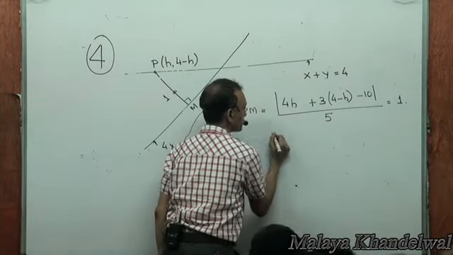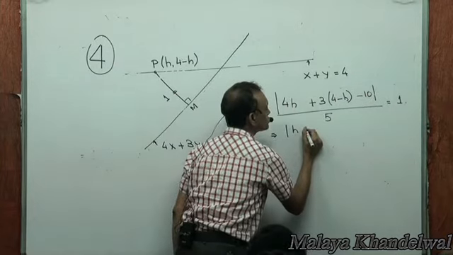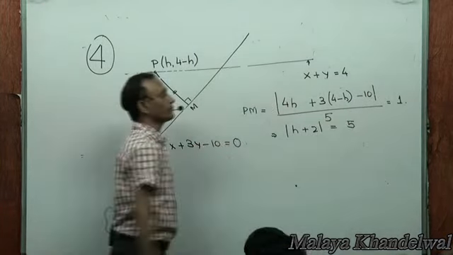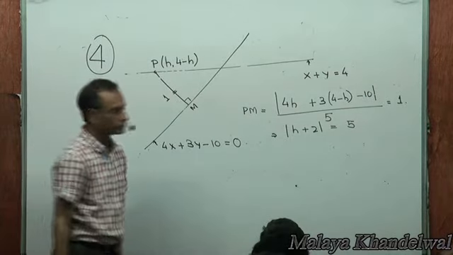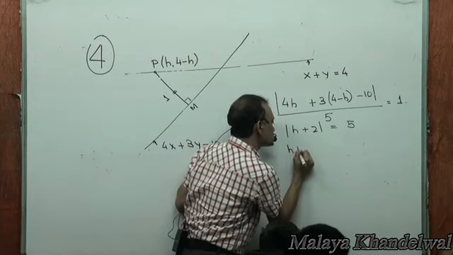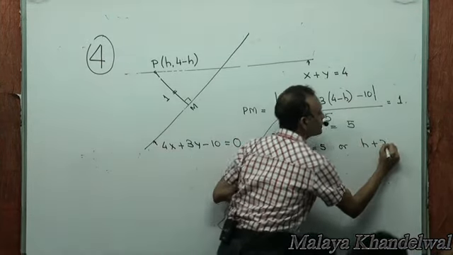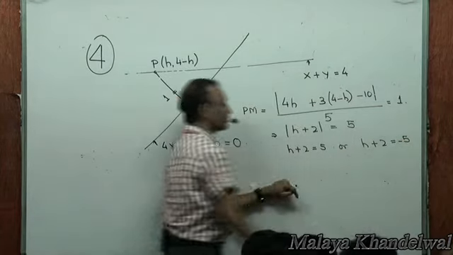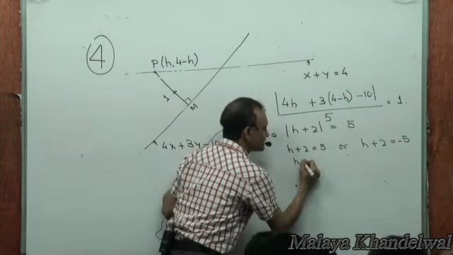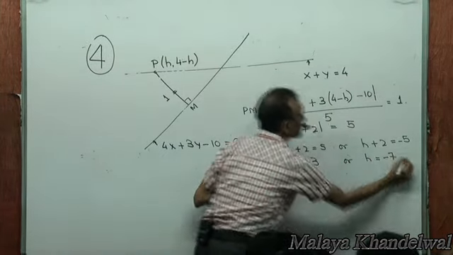Which means 4h minus 3h plus 12 minus 10, that is h plus 2, must be equal to 5. Yes or no? Right? So now if I strip the modulus, h plus 2 can be plus 5 or h plus 2 could be minus 5. So h could be either 3 or h could be minus 7.